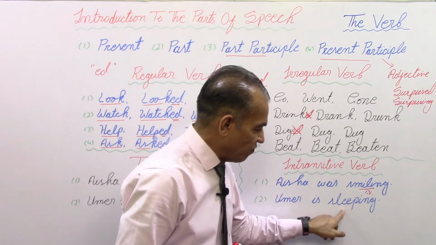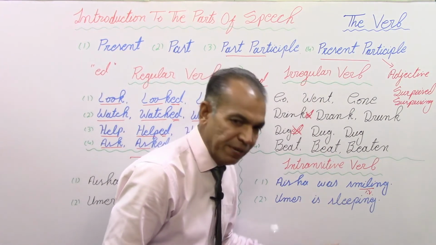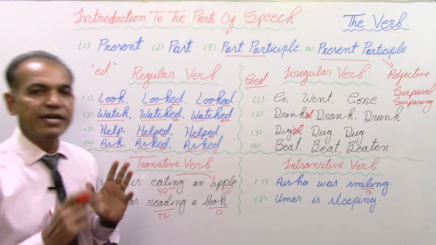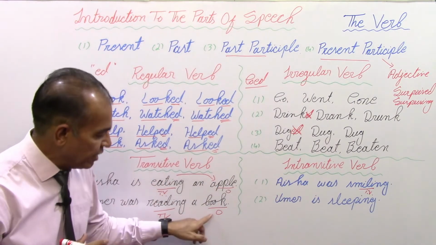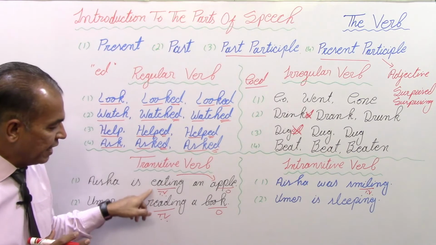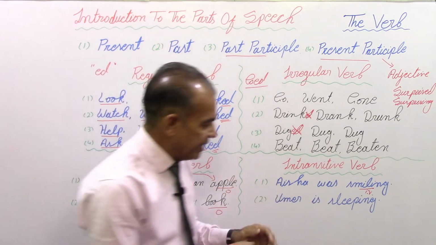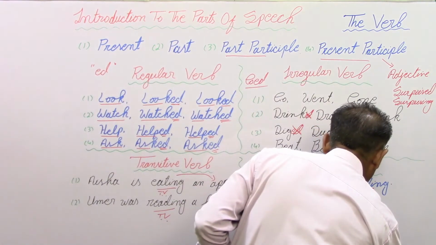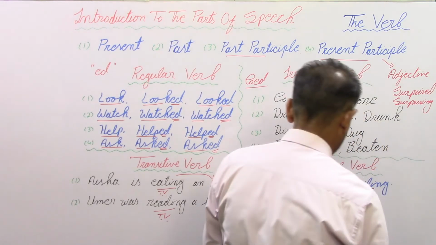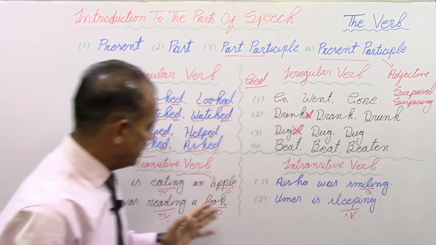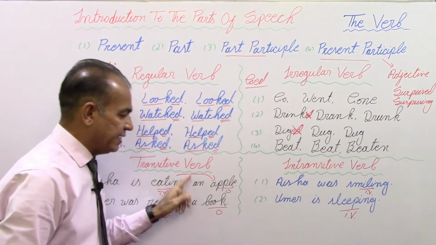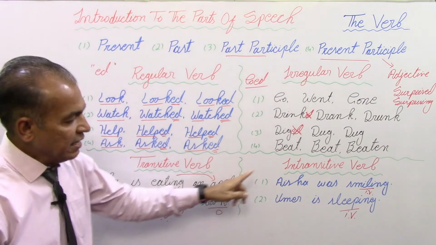For sleeping, obviously you don't need any object like you need for reading, like you need for eating. So this kind of verb is called an intransitive verb.